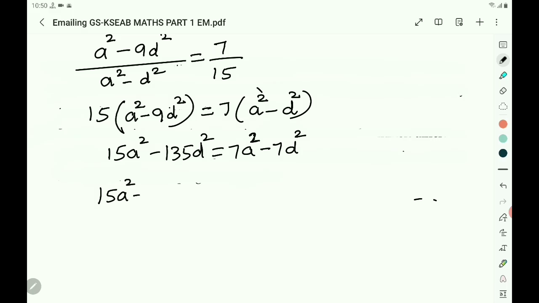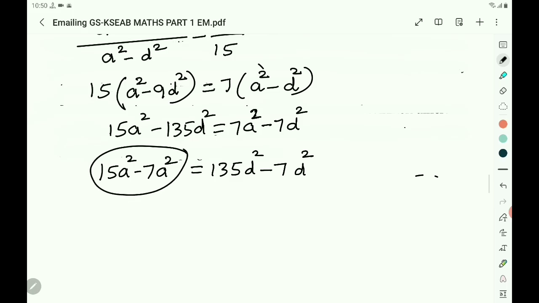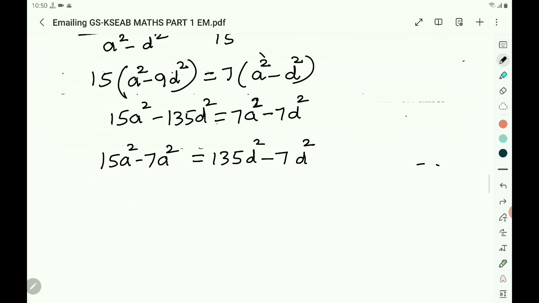15A square minus 7A square equals 135D square minus 7D square. 15 minus 7 is how much? 8A square equals 135 minus 7. 135 minus 7 is 128.